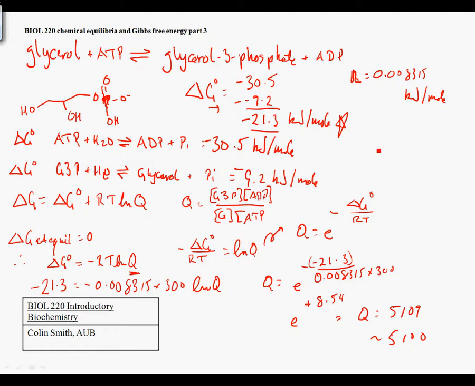That means that because ATP donating a phosphate to glycerol is so favorable, the free energy change of negative 21.3 kilojoules per mole translates at equilibrium to a reaction quotient where the concentration of the two products multiplied together is 5,100 times more than that of the reactants. That's all.